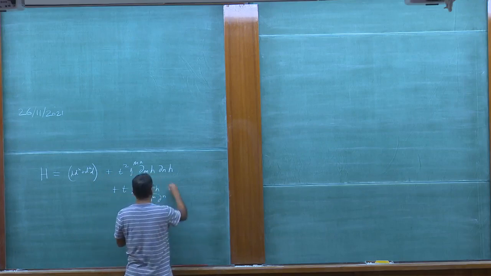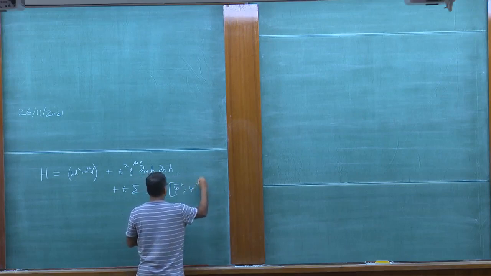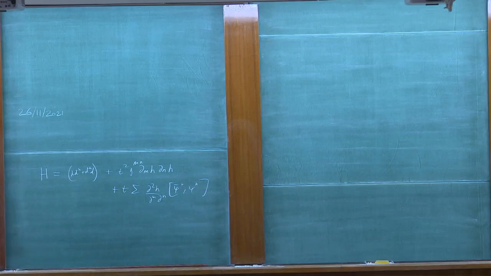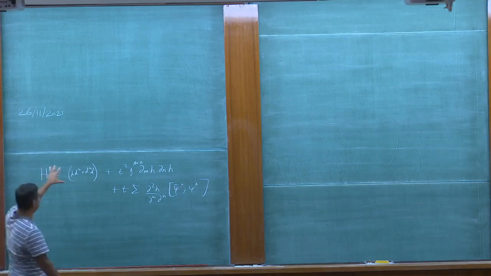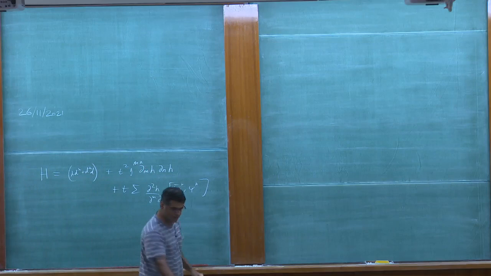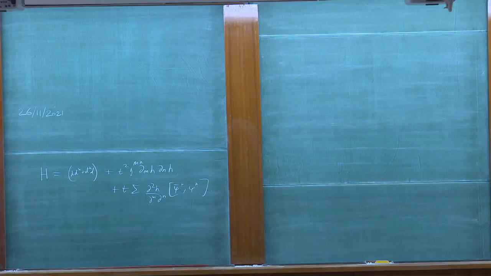And then we had this psi bar_m psi_n. You remember the structure from last time, right? So we had the kinetic stuff, and then the potential terms.